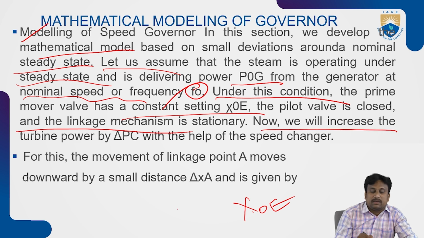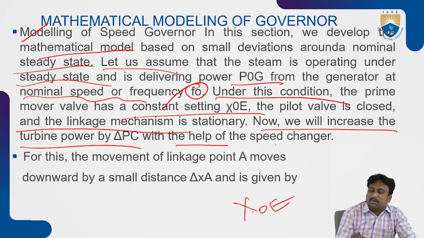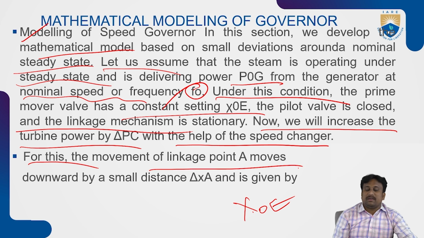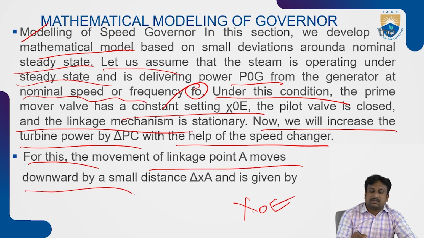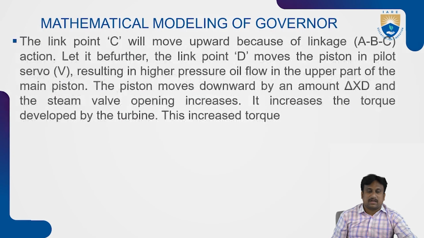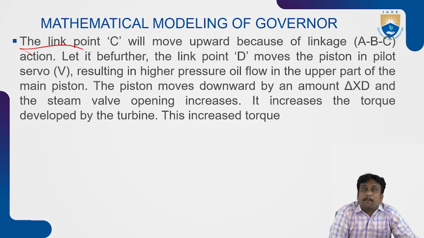Now we will increase the turbine power by delta Pc with the help of the speed changer. For this movement, linkage point A moves downward by a small distance delta X A, and linkage point C will move upward.